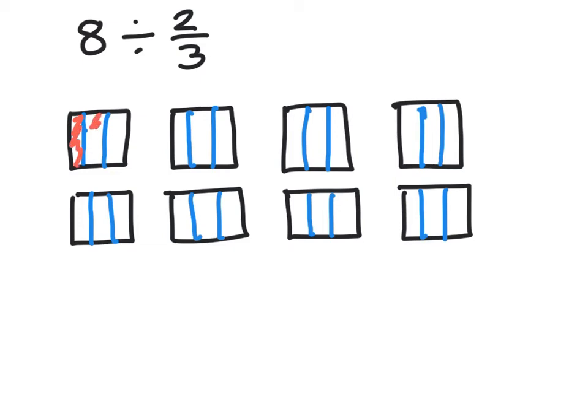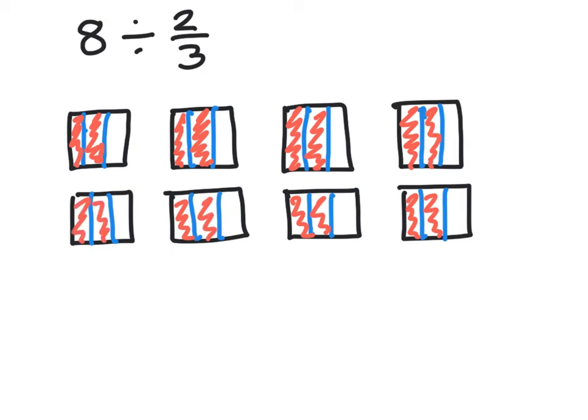Okay, so let's see. Here's 1/3, here's 2/3. So that's 1. 1/3, 2/3, that's 2. So each of these 8 pieces, these 8 rectangles, I can group together 2/3 parts. I'll get 1 out of each.